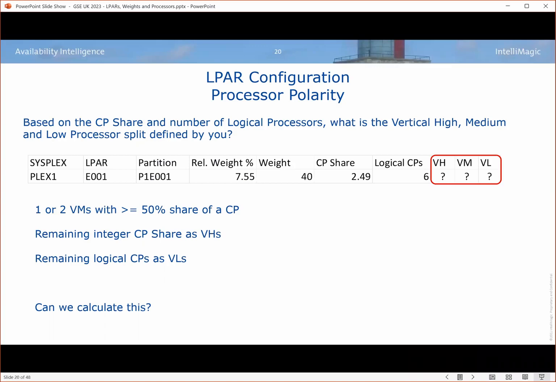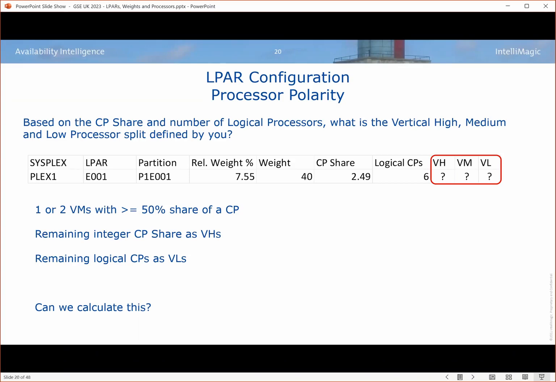Based on that CP share and the number of processors, we're going to get a vertical high, medium, low split, okay? So we're going to get 1 or 2 vertical mediums that have at least 50% share of a processor. The remainder integer value of that CP share is going to be a vertical high. And then what's left are going to be vertical lows. Okay, so that's the way it's described.